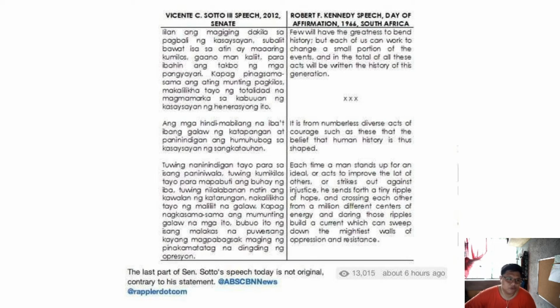This is supposed to be a speech of Senate President Vicente Sotto III, wherein it's a direct translation from Robert F. Kennedy's speech, Day of Affirmation 1966 in South Africa. So it is still considered plagiarism, a violation of copyright, because it is a direct translation from another language. Okay, so that is copyright.